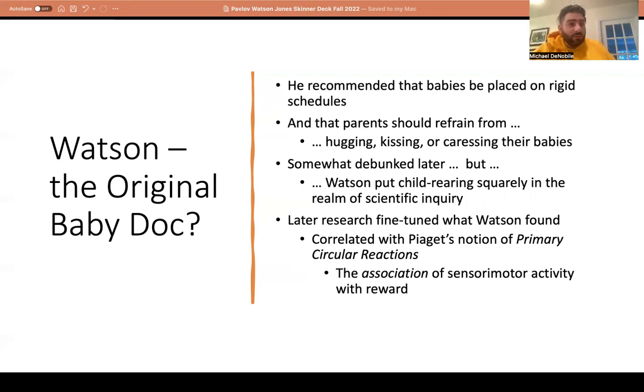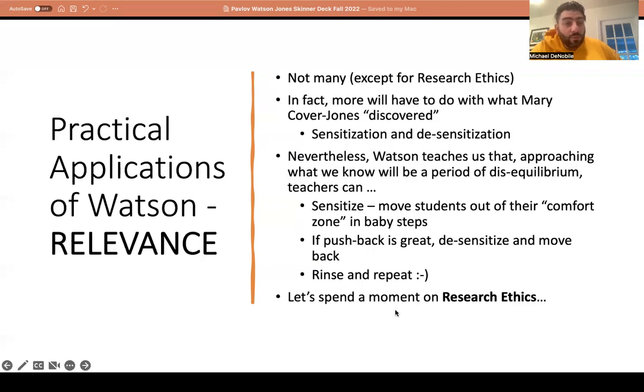Much like we see with Darwin and Gazelle and all of them, they took something that was assumed to be true, or maybe not assumed, like with Darwin, evolution wasn't assumed to be true, and really brought it into the scientific method. Later research fine-tuned what Watson found. We see it correlated with Piaget's notion of primary circular reactions and the association of sensory motor activity with reward.